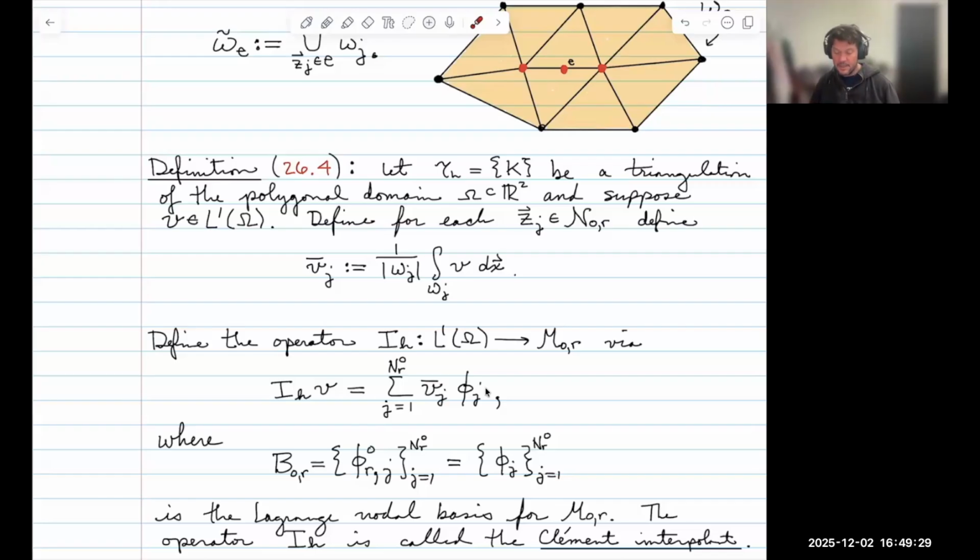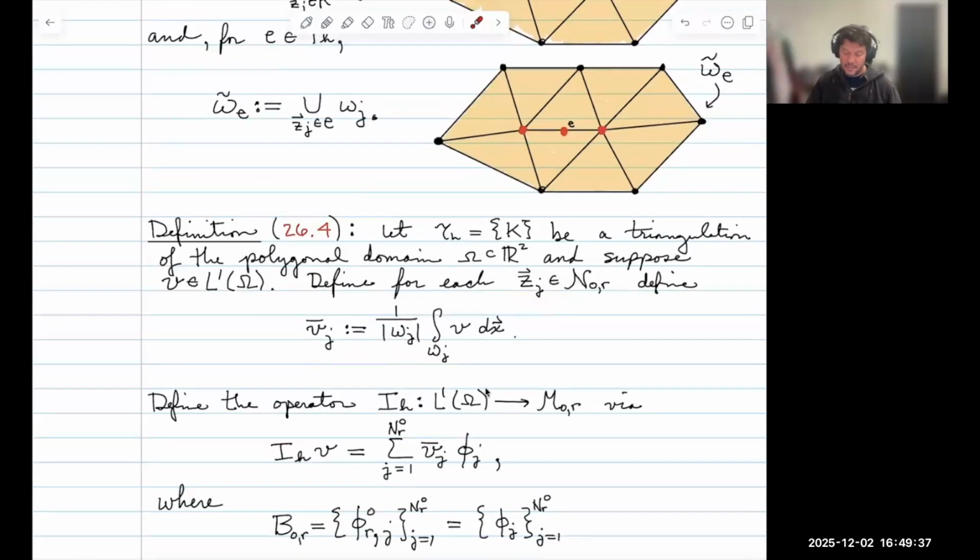So what I'm going to do is take a point in the nodal set. So grab a node. Remember, a node can either be a vertex node or an edge node, or it could even be an interior node, but we really haven't looked at those cases too much. So just think about a vertex or an edge node.